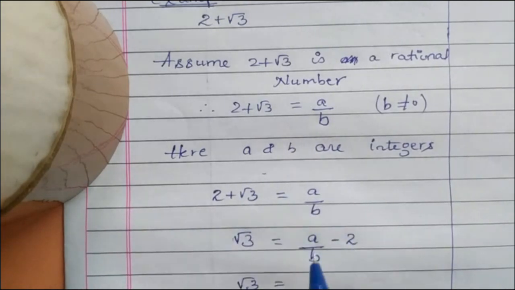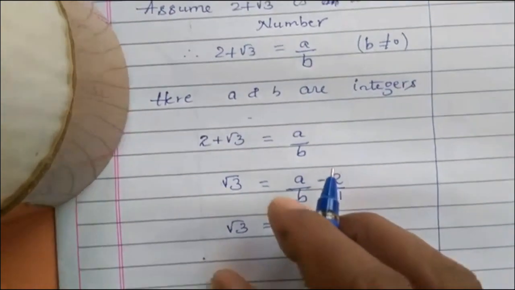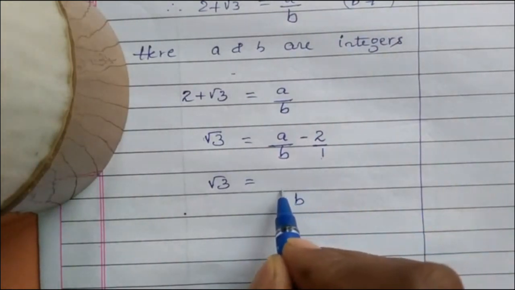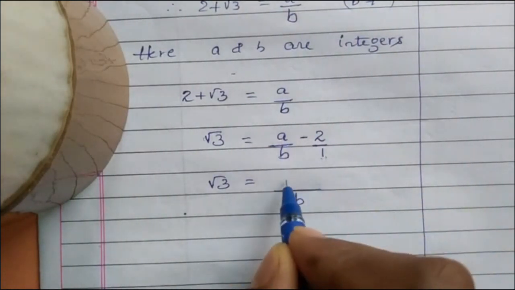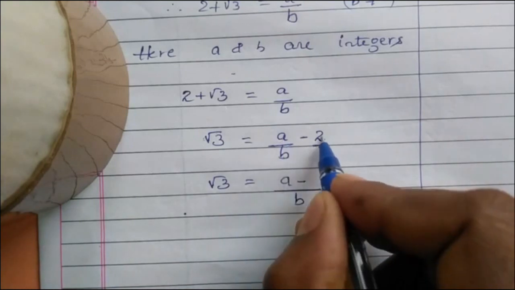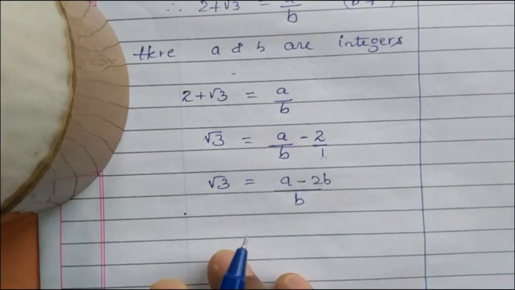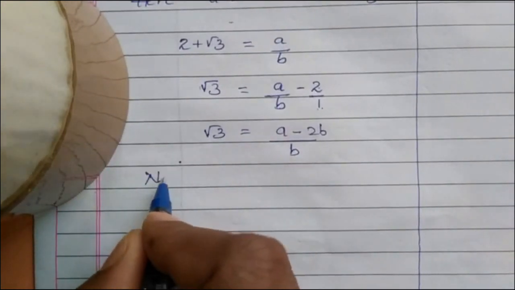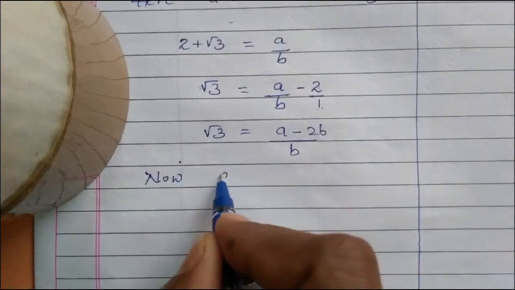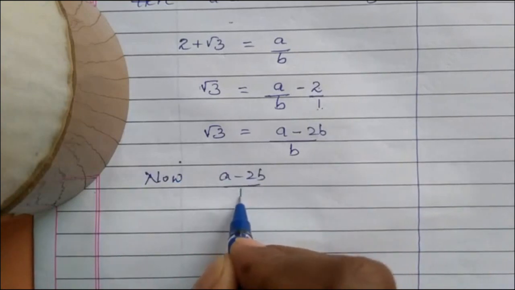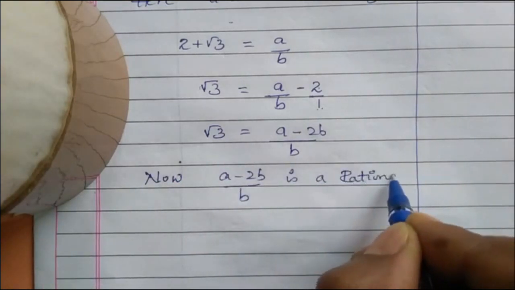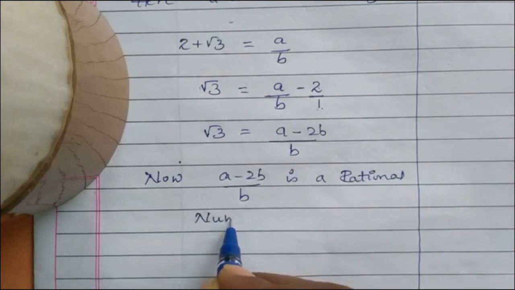Root 3 equals, taking LCM on the right hand side, a by b minus 2: a into 1, b into 1, minus 2 into b, that is 2b. Now, a minus 2b by b is a rational number.